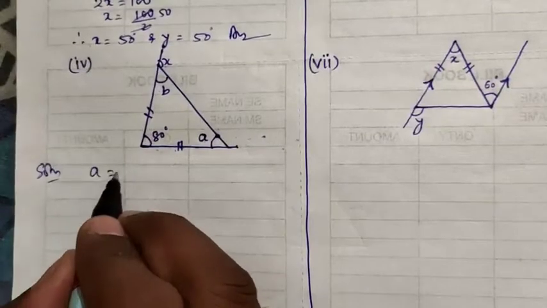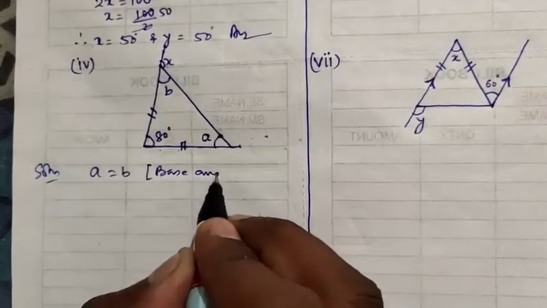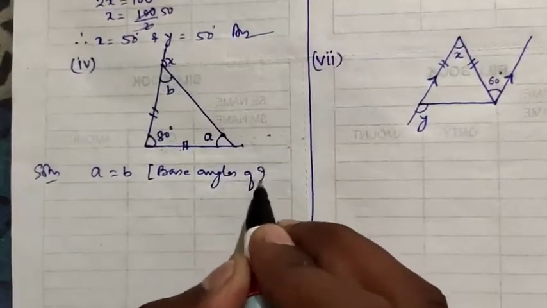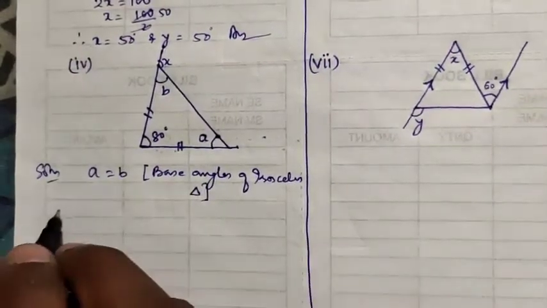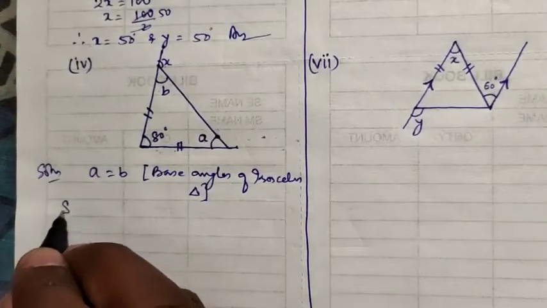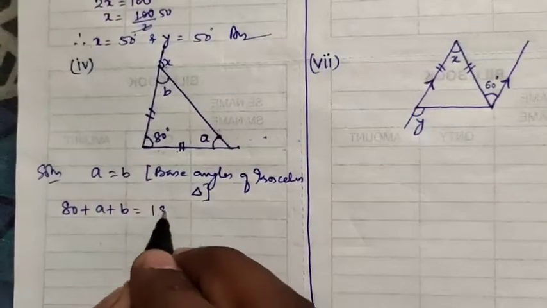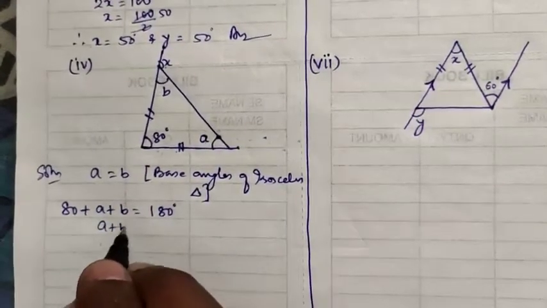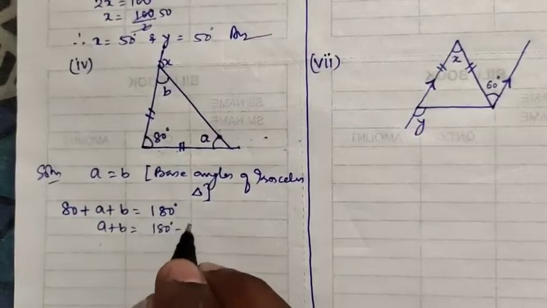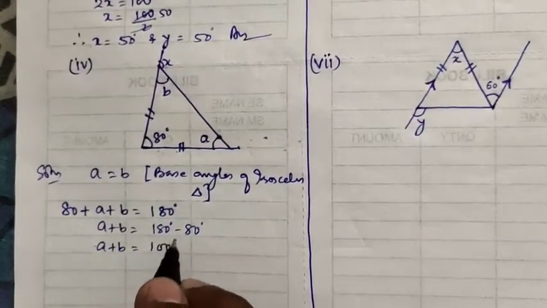We can write A is equal to B. The reason: base angles of isosceles triangle. We know that the sum of all angles of a triangle, 80 plus A plus B, is equal to 180 degree. A plus B is equal to 180 degree minus 80 degree. A plus B is equal to 100 degree.